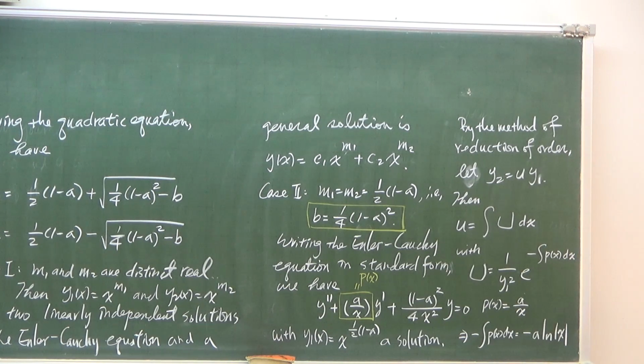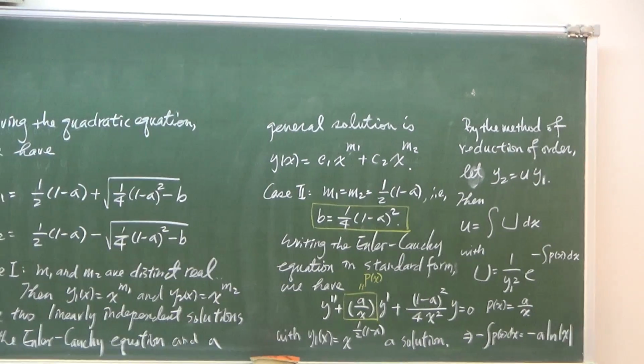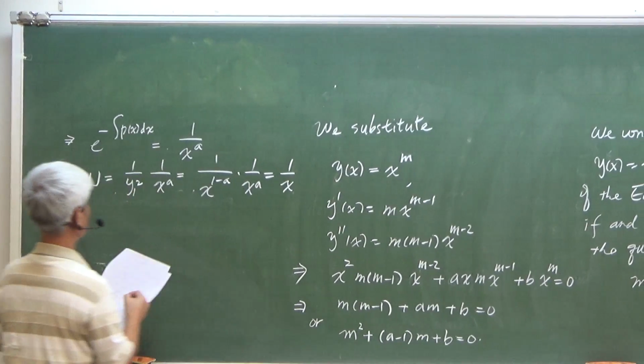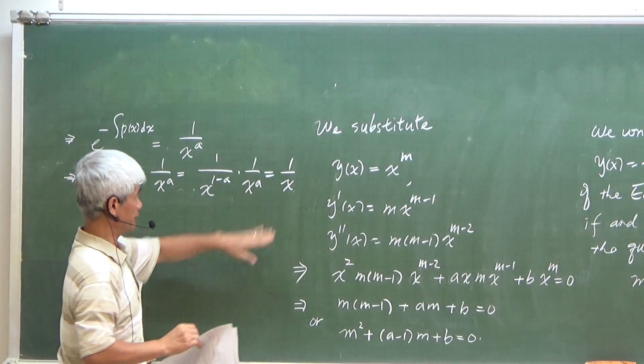So this implies that the exponential is equal to 1 over x to the a power. And then y1 squared is x to the 1 minus a. So this is equal to 1 over x. Okay, so capital U is equal to 1 over x.